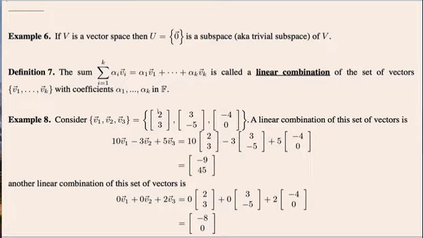There are three vectors: (2, 3), (3, -5), and (-4, 0). A linear combination of this set of vectors is, for example, when you consider 10, -3, and 5, and you multiply the first vector by 10, the second vector by -3, and the third by 5, and you add them together.